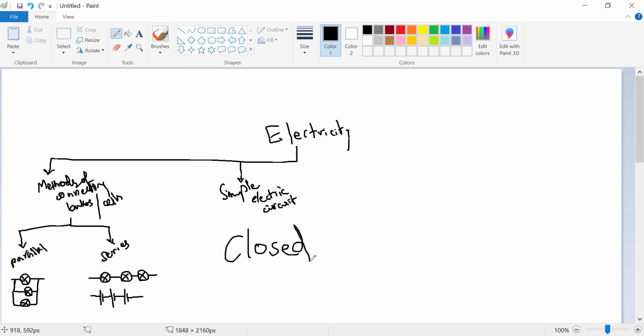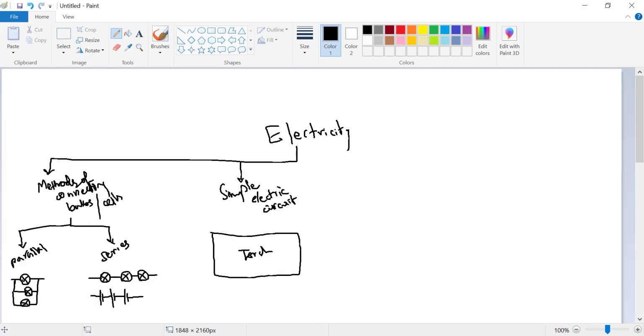If the switch is open, the current won't pass through. Only if it is closed, the current will pass through. Okay, that is something for you to remember. So here you will be learning about a simple circuit, especially the torch circuit. I'll just write it like this. This is for your reference. For your brain to remember this large lesson, I'm trying to give you all a map. That is why I'm jotting these things down.